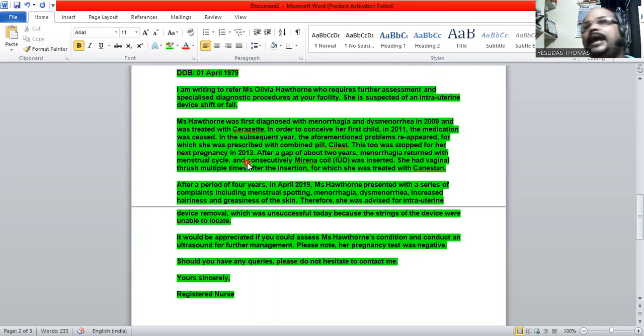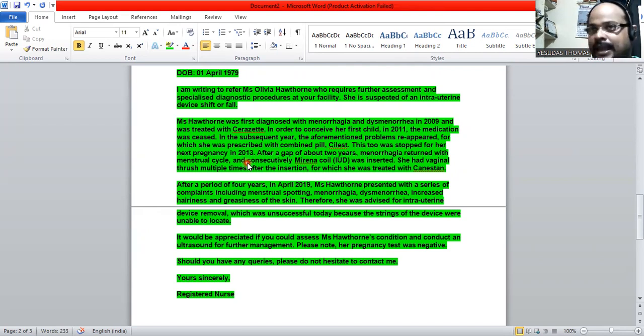So we need to say how this occurred. What made the medical team insert this coil? For what reason?